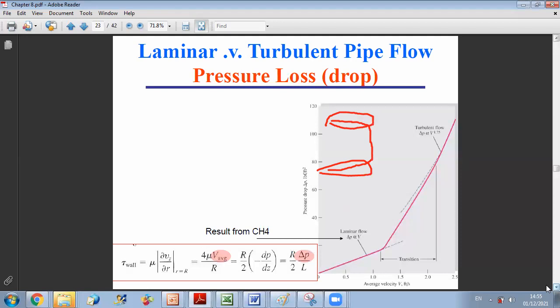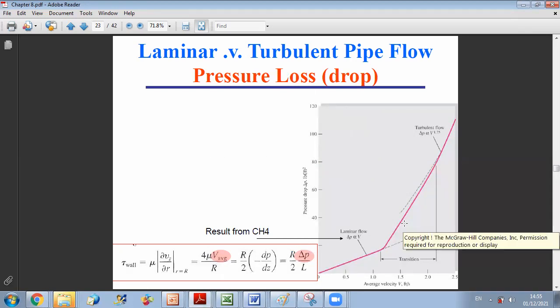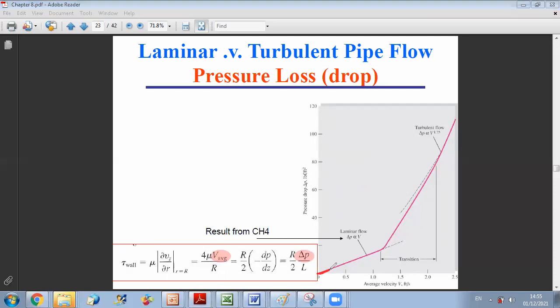Whenever you have turbulent flow, you should perform experiments, because no analytical solution is present. Here, for example, we try to measure the pressure drop for different velocities, and we have observed that in case of laminar flow, the pressure drop value is linear with V, while when we move to the turbulent region, the slope of variation of pressure drop with V is much larger.